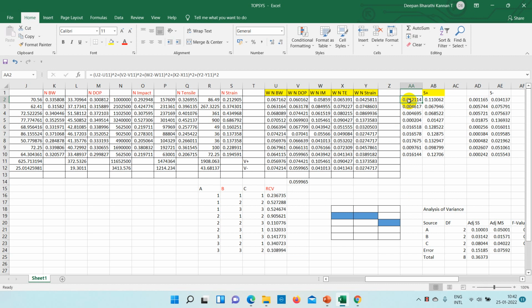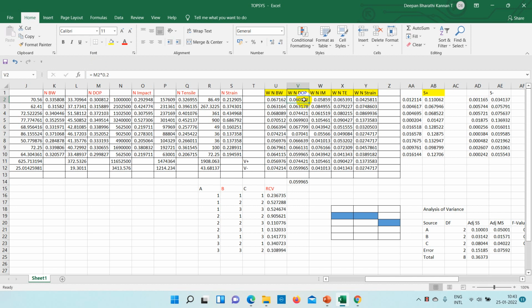First we have to calculate this value. How do we calculate this? We have two things, S plus and S minus. Let's see how to calculate S plus. Carefully look at this cell. It is calculated by subtracting 0.06 minus 0.05, as it is V plus, whole square, plus V2 minus V11.